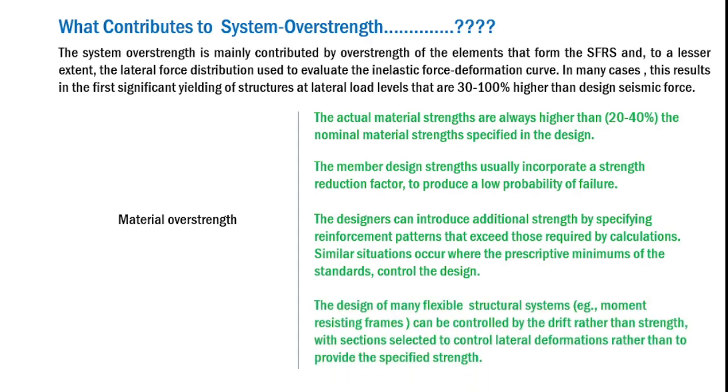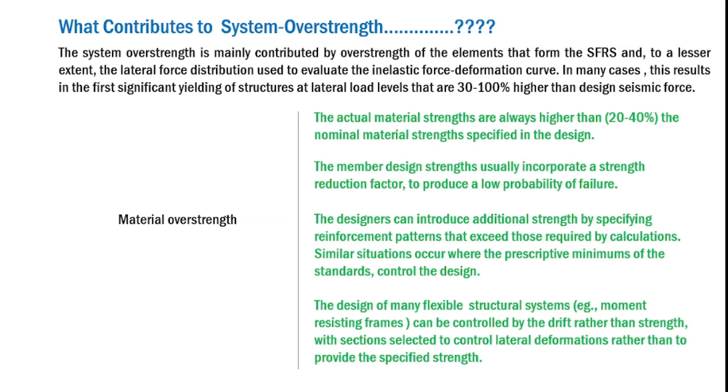Then finally, we know that in the design of many flexible structural systems, for example, whenever you go for the design of a moment resisting frame, you will find that in many cases it is not the strength, but the stiffness or the drift that governs the design. In which cases, we may have to increase the section dimensions to control the lateral deformations rather than to provide the specified strength.